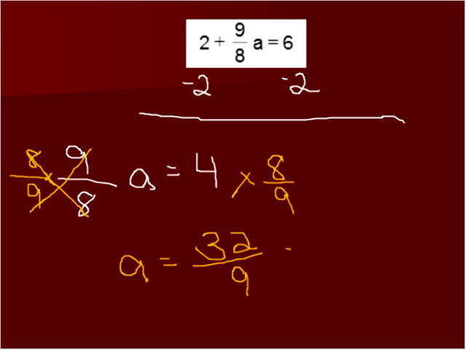We can change it to a mixed number if we want. 9 goes into 32 3 full times, with 27, so 3 with 5 left over, if I did that correct. So I believe either one of these would be an acceptable answer. We can leave it as an improper fraction, or we can change it to a mixed number of 3 and 5/9.